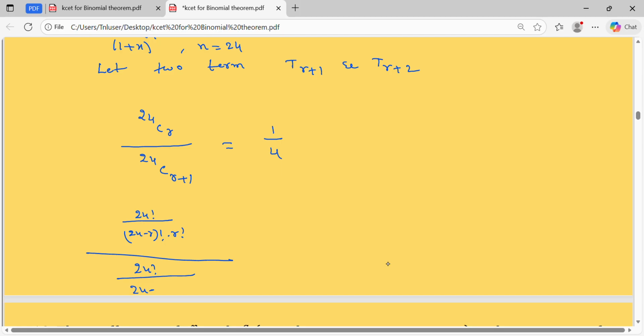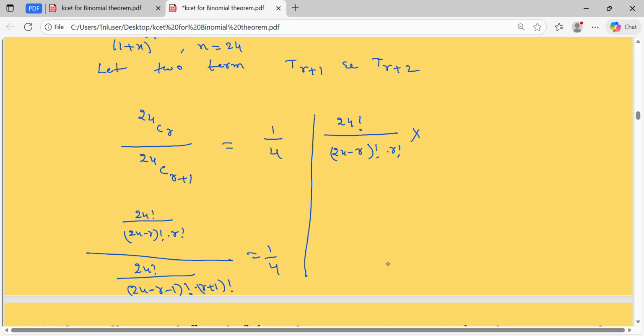24 minus r minus 1 factorial into r plus 1 factorial, that equals 1/4. So now write 24 factorial divided by 24 minus r factorial into r factorial.